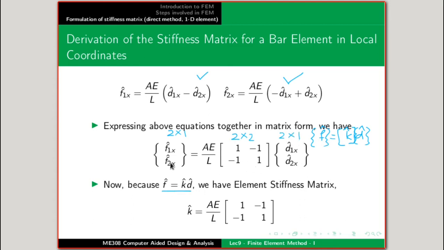So the element stiffness matrix can be defined as K is equal to AE by L into [1 minus 1; minus 1 1]. For any axial stress problem with a simple two noded element, the element stiffness matrix is of this form, so you have to keep in mind this expression.